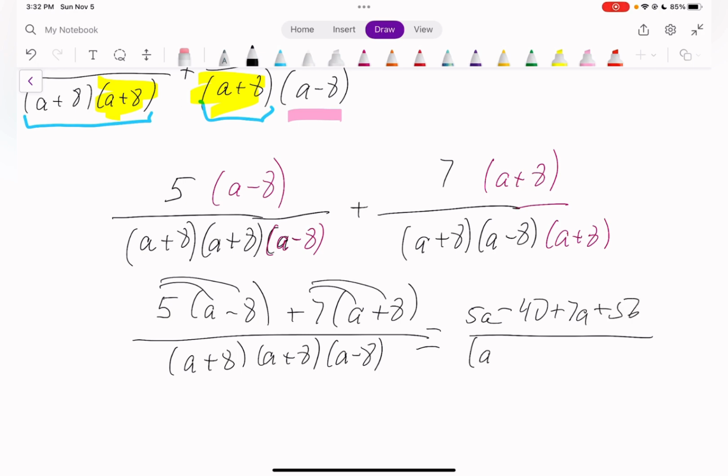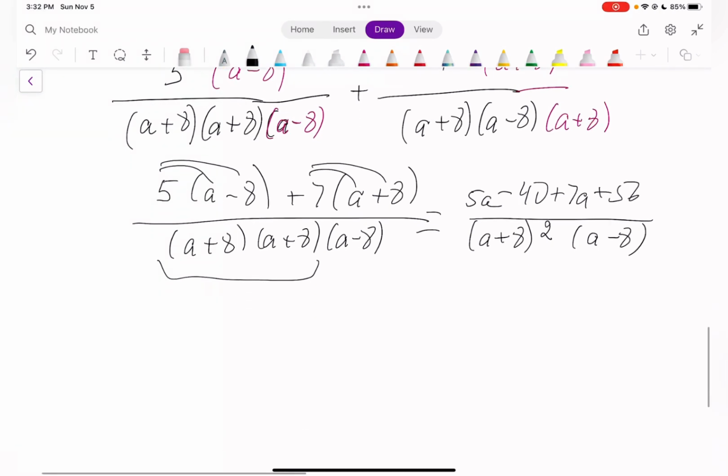And at the bottom, let me put a plus 8 squared, these two together, right? And then a minus 8, because if you multiply by itself, you get a plus 8 squared. Okay, so here what we get, like terms, 5a, 7a, and the other like terms, negative 40 plus 56.